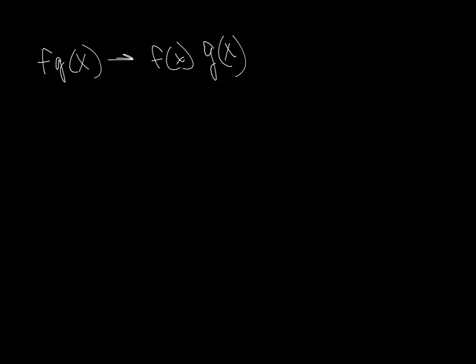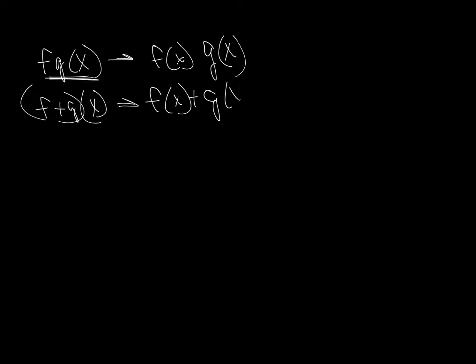And we had these simple ways of doing this, like f plus g of x meant f of x plus g of x. Okay, so that's what that meant, and then I would write it out like this, and then I would go ahead and solve it.